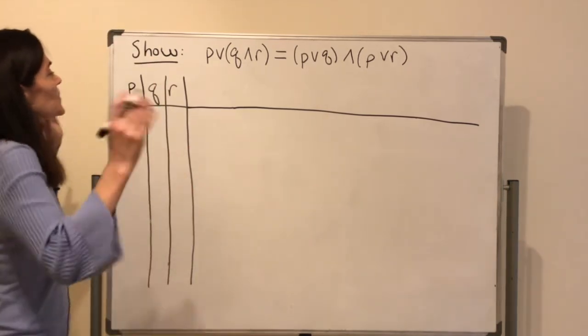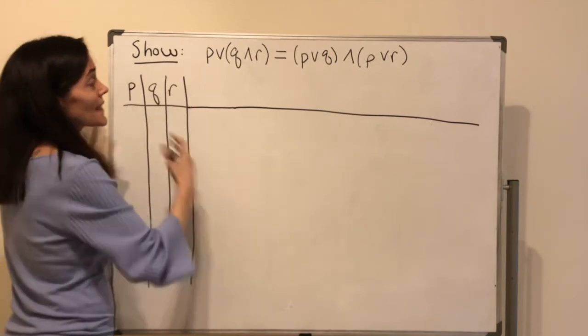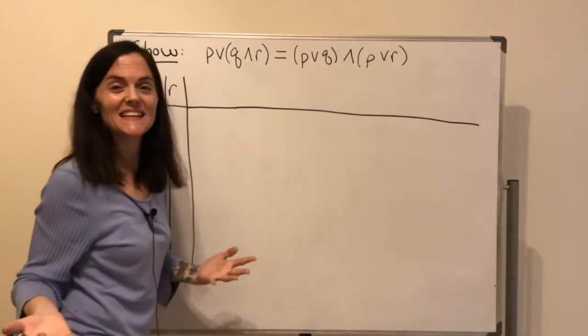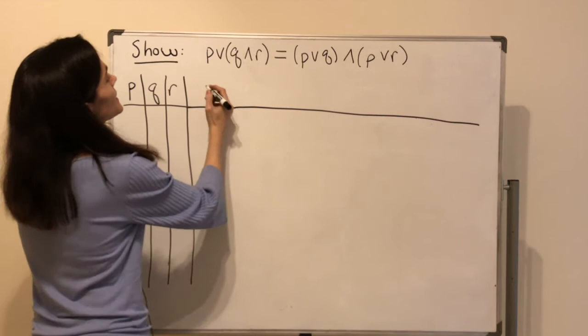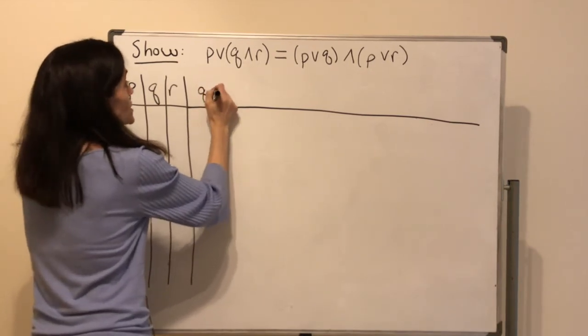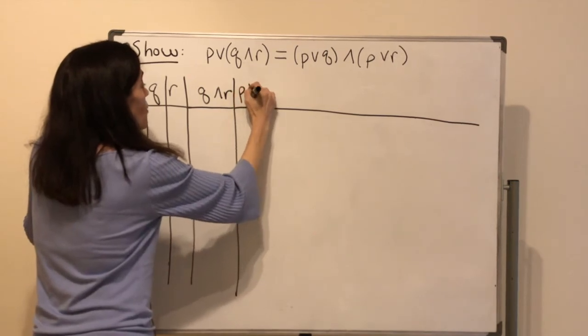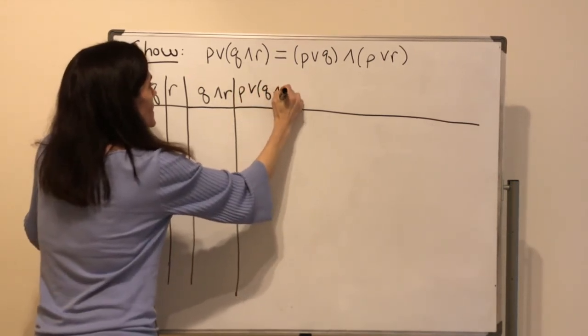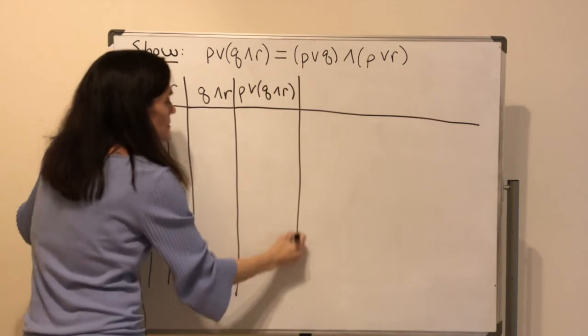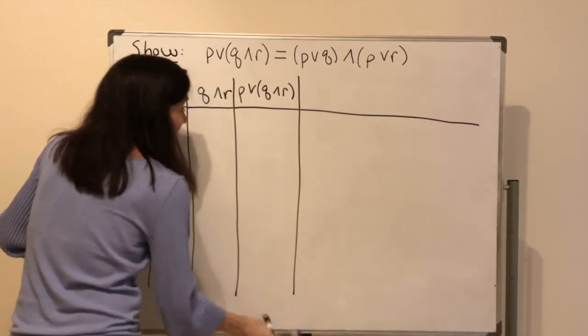So, well, we have P, Q, R, and then I need to write some intermediate steps for the columns. Let's see, I need Q and R. I need P or (Q and R). So this is my left-hand side.